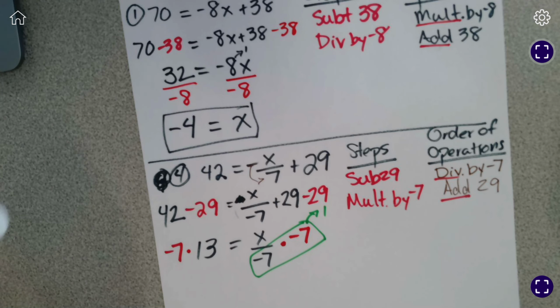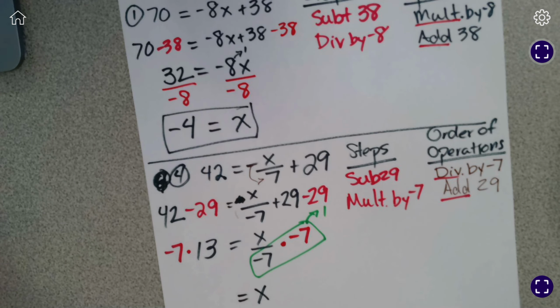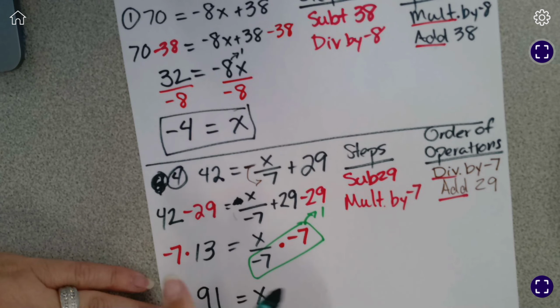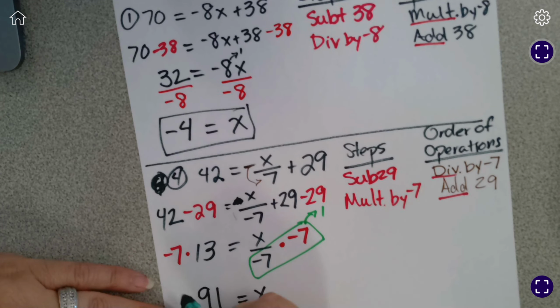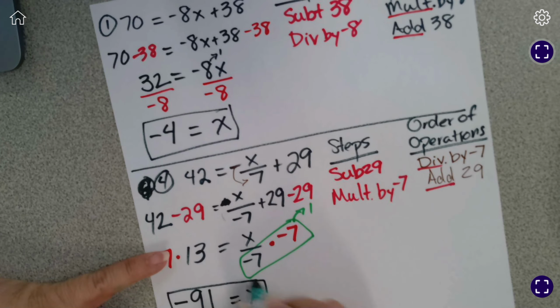And so we're left with x, and that's times 7, 91. And a negative times a positive is negative. So that's it for that one.